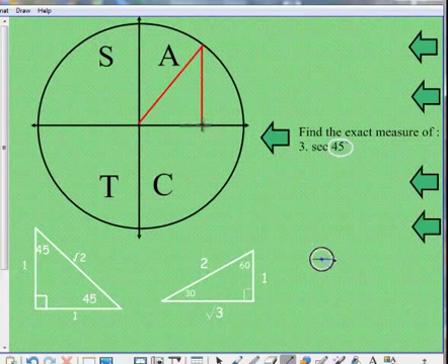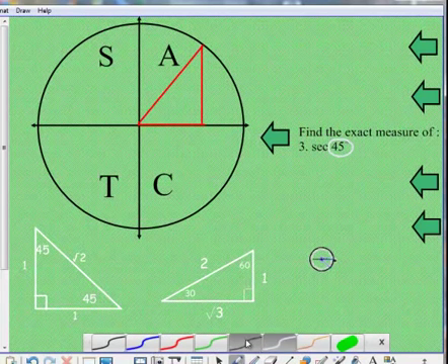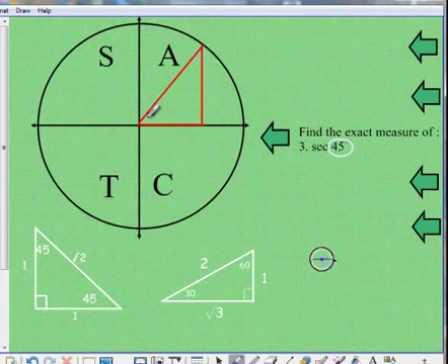Now, I don't have to really worry about measuring whether it's 45 degrees or not, because they told me, go 45 degrees. Okay, so that's 45, and that's my right angle. Across from the 45 is 1, across from the 45 is 1, across from the 90-degree angle is radical 2. Everybody's positive because it's in the first quadrant.